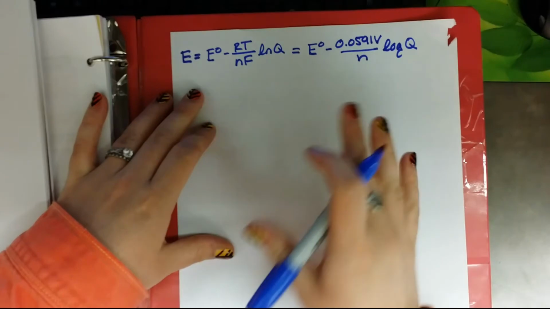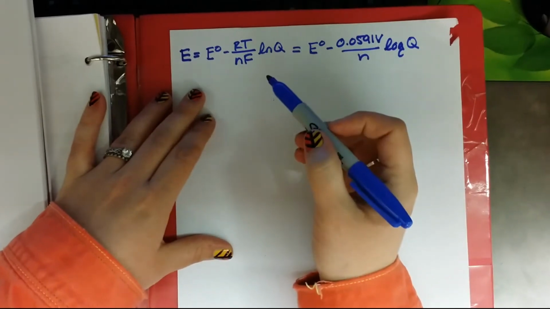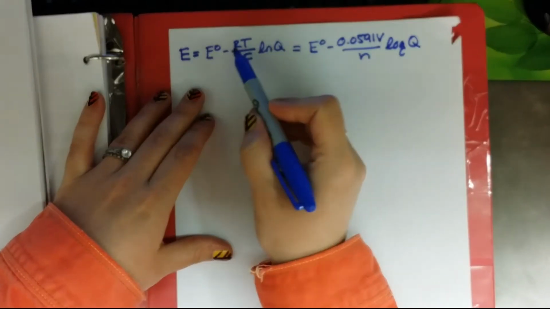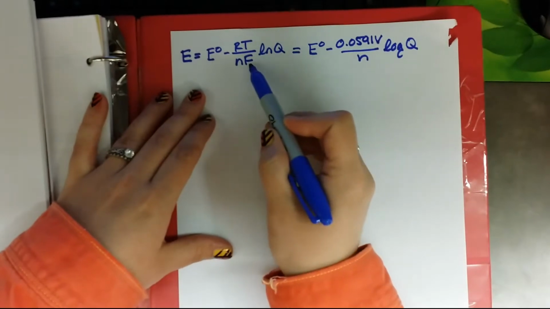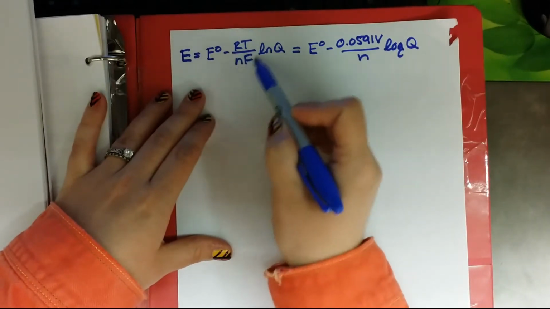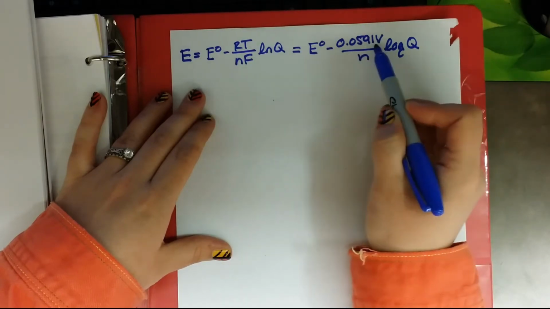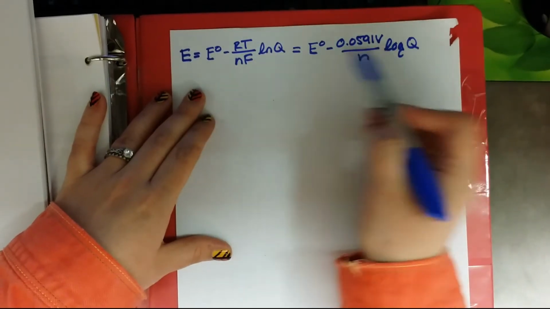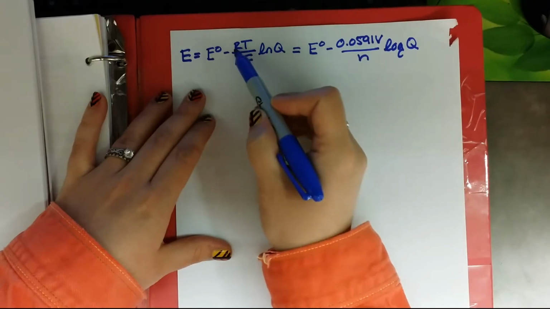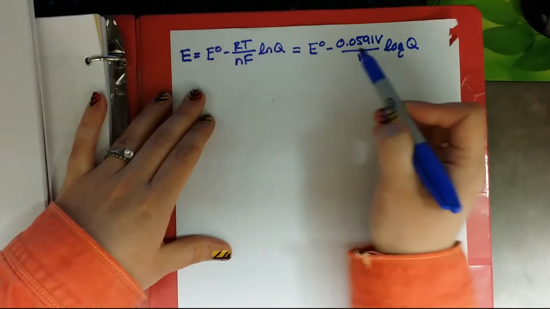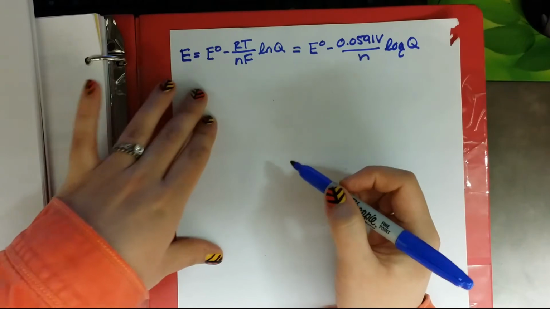First, I want to prove to you that if you plug in values for R, T, and F in this component of the equation, that doesn't give you 0.0591 volts. You might think R times T over F should give us 0.0591 volts.